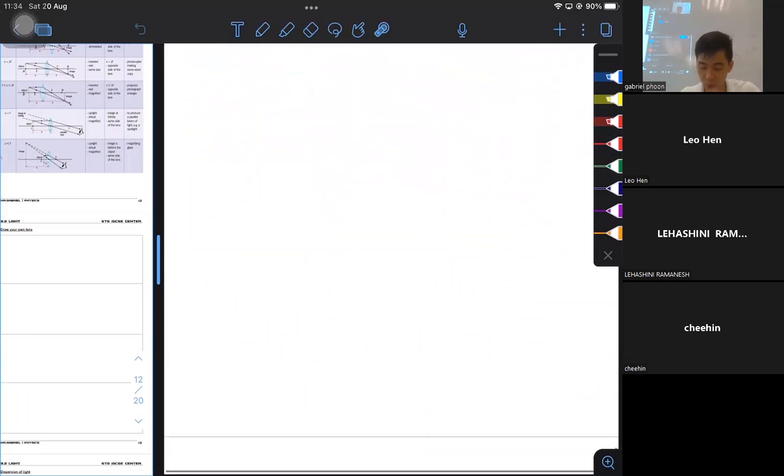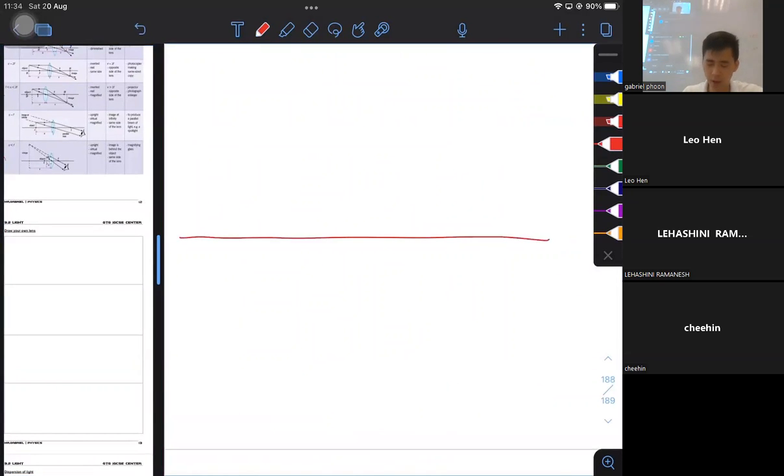Let's say imagine today I have the parameters here again. This is my principal axis, and this is my lens. This is my normal, and this is my focal point here and this is my focal point here.